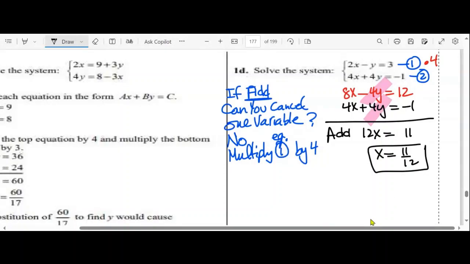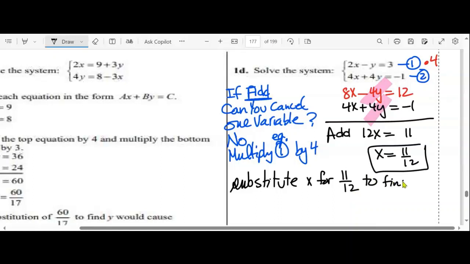So I'm going to substitute x for 11 over 12, in order to find what?